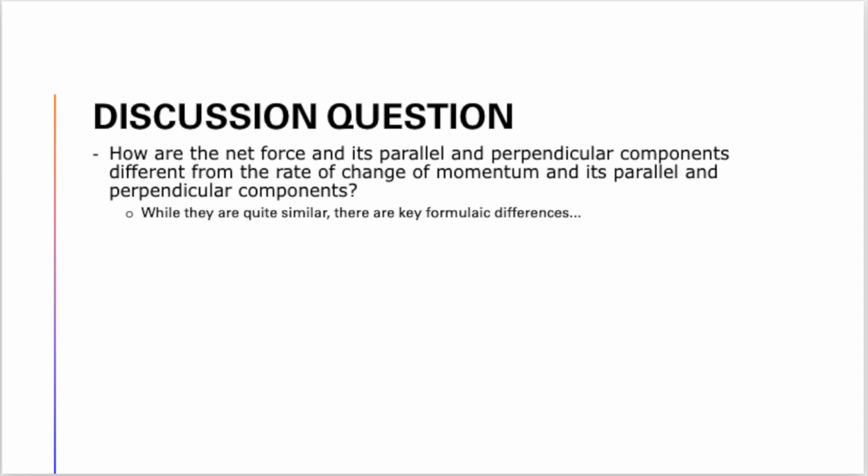While F net and delta P over delta T are equivalent in value, they are not the same in terms of their formal definitions. Meaning the perpendicular component of the net force is simply F net minus its parallel component, and the change in momentum does not have a perpendicular value as described by its equation.